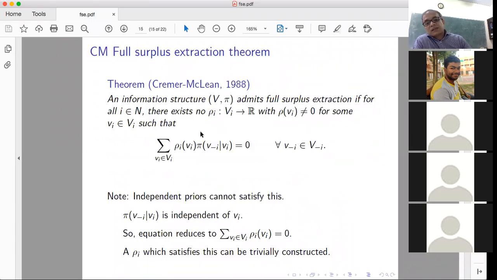Amongst the class of all priors, how large is the class of priors which can satisfy this? Well, if that class of priors is very, very small, then this is not really saying anything, because it's just saying that for a very small class of priors, you can extract full surplus.